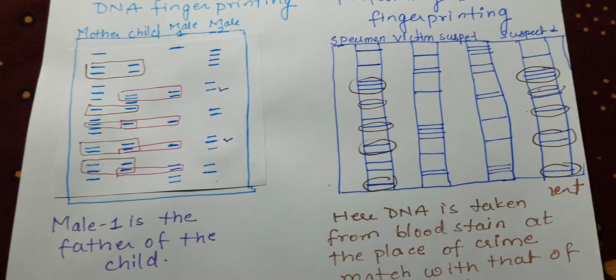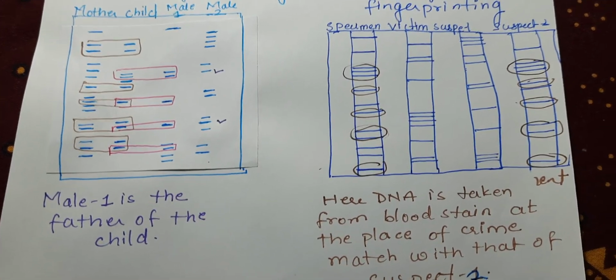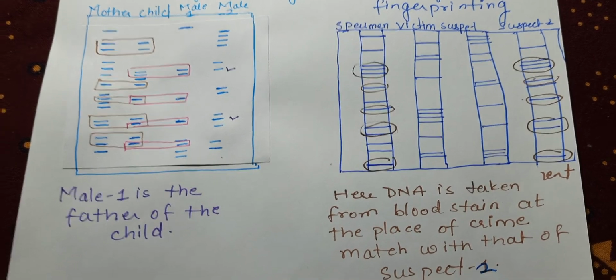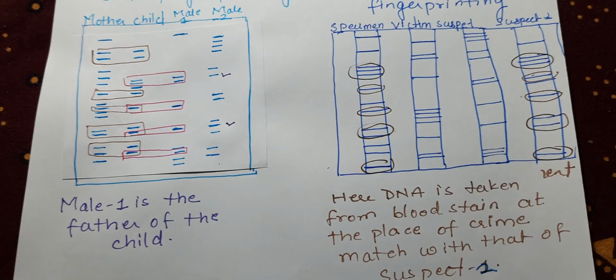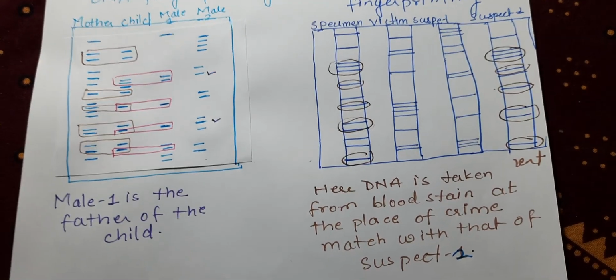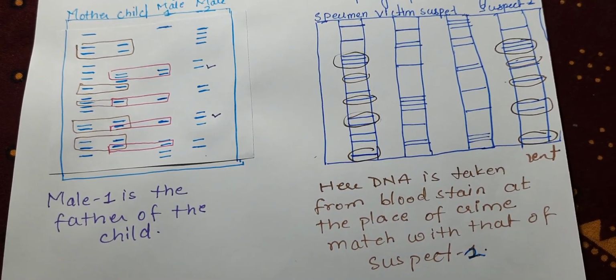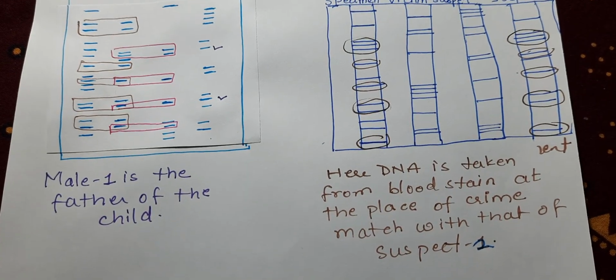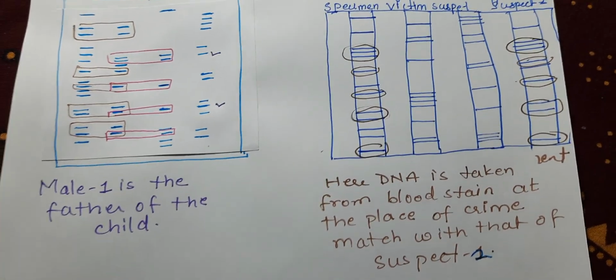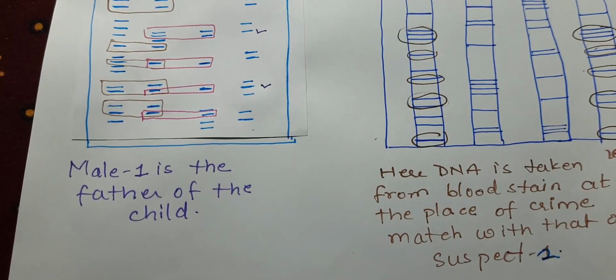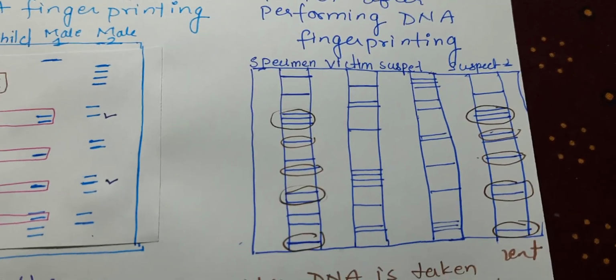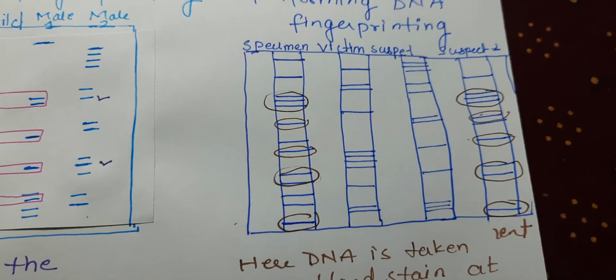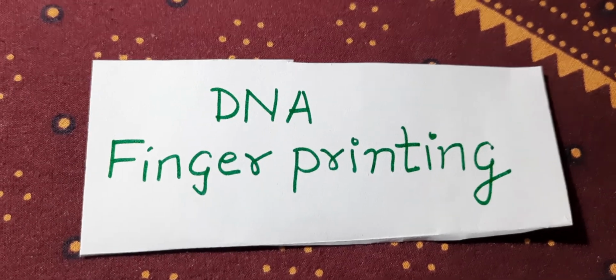The tandemly repeated DNA are STR, SSR, and VNTR, which are satellite DNA, separated from the genomic DNA. Basically, DNA fingerprinting is based on the DNA, which has a unique pattern of banding. So this is all about DNA fingerprinting. Thank you.